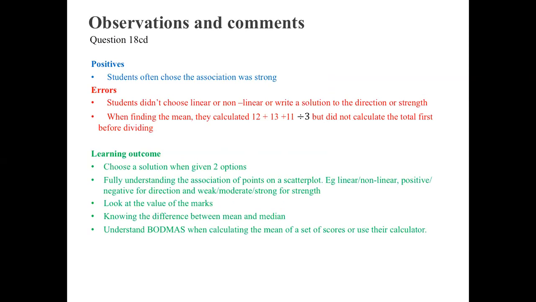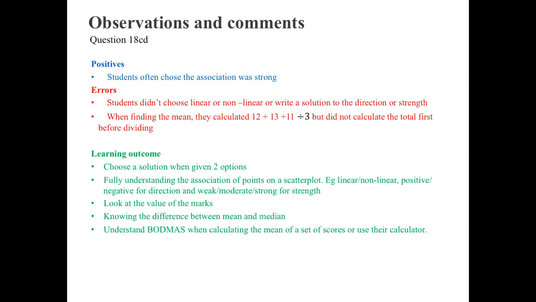An error that did come up that was quite surprising was it did say clearly choose if it was linear or non-linear. We had a lot of people that didn't choose one. They also didn't write a solution for direction or strength. So they would maybe just answer one of the 3 things, but that question clearly had 3 marks awarded for it.